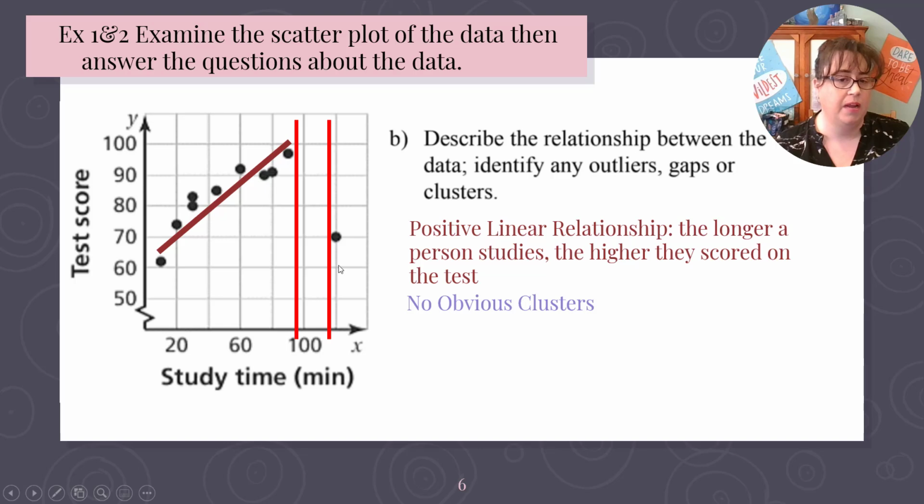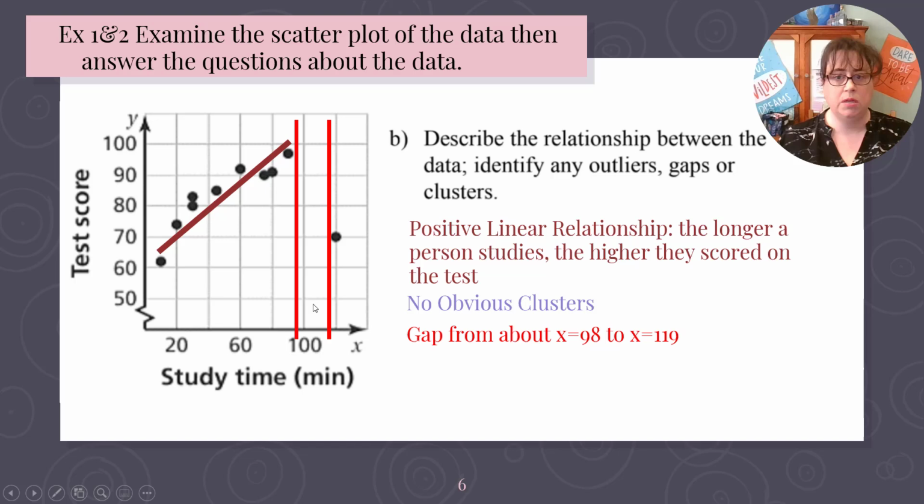This person right here studied for a really long time, but did not score well on the test. We could talk about a gap when X was about 98 to about 119. So from about 98 minutes to 119 minutes, there was a gap where we didn't have any data. So we could talk about that.